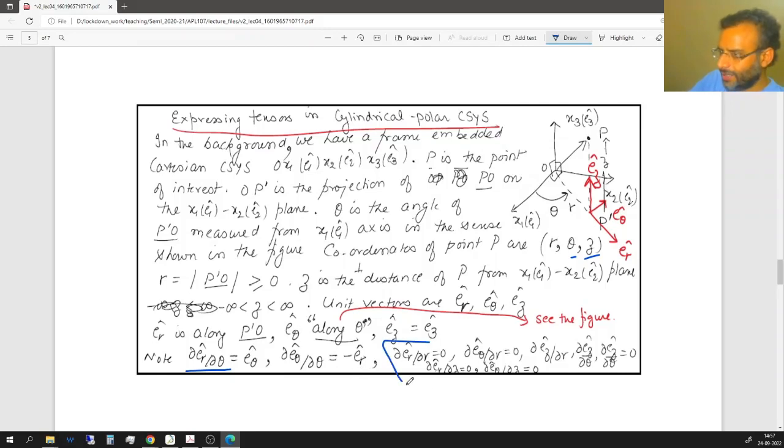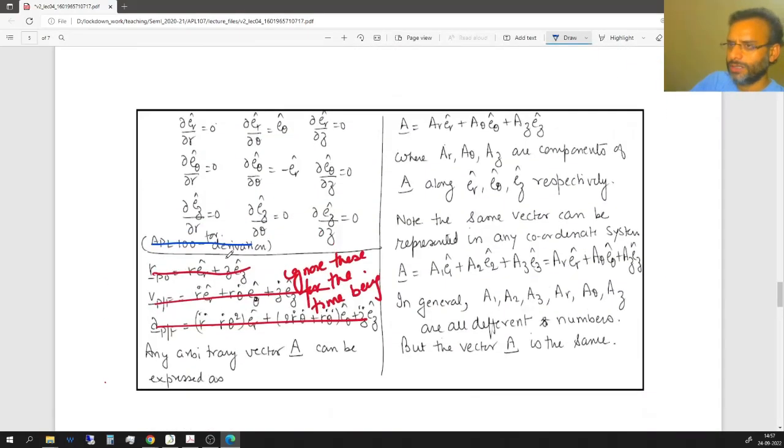I have presented all the other derivatives in a tabular manner, which is visually more appealing. You see there are 9 possible derivatives involving unit vectors and the spatial coordinates of the cylindrical polar coordinate system. Out of these 9, I have one non-zero here and the other non-zero here.